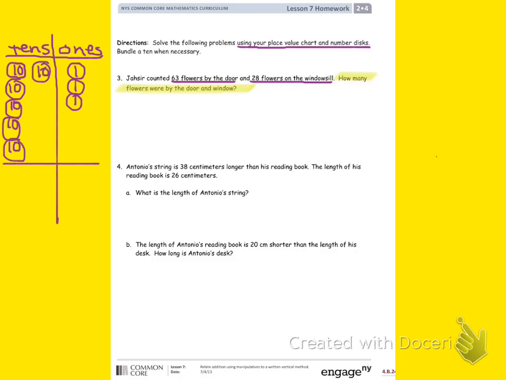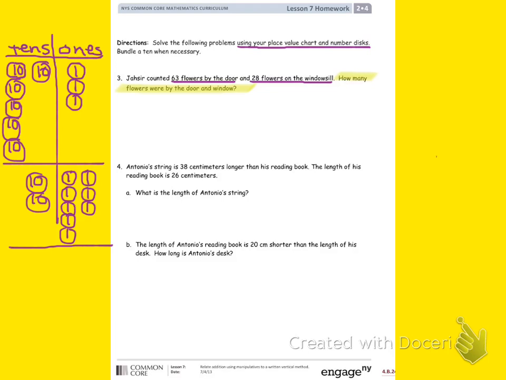Now I'll draw a line to separate the 63 from the 28. 28 has 8 ones. 1, 2, 3, 4, 5, 6, 7, 8. And 2 tens. 1, 2. Now I'll draw my equals line.